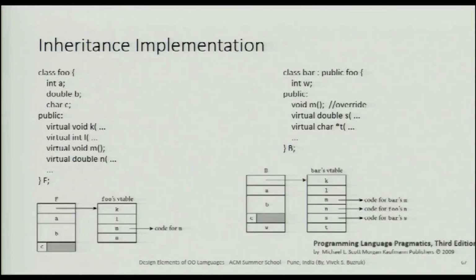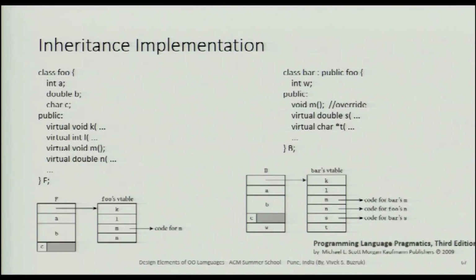So whenever you are inheriting, for example here class bar inherits foo, obviously this ABC is inherited, but now m is defined here, so we are overriding it. This b will point to the virtual table, again there will be KLMN, and then its own, and m is getting overridden here.